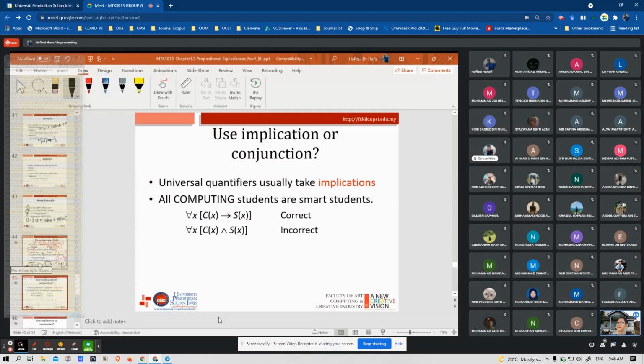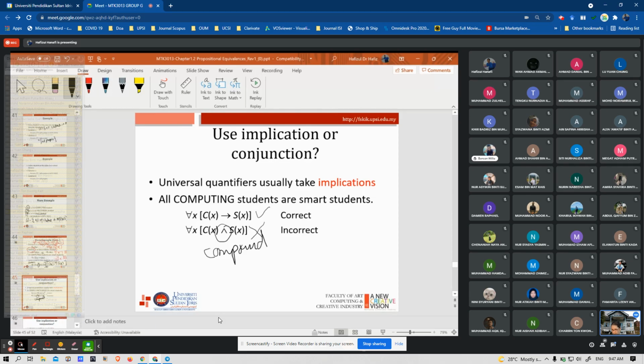And then the universal quantifier usually takes implication. All computing students are smart students, for example, for all x, Cx implies Sx. This one is correct. This one is incorrect because for all, it is incorrect to have the compound statement.